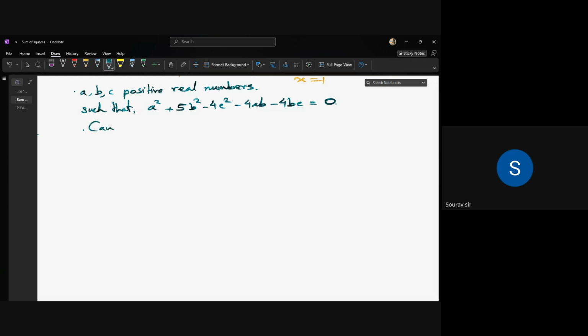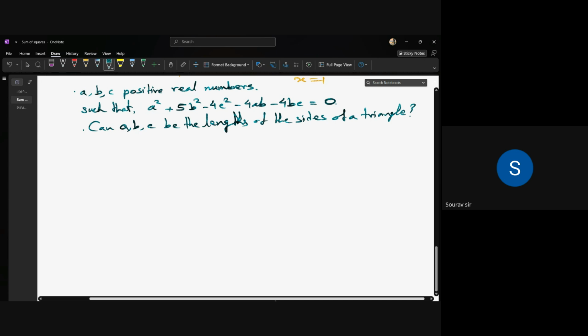Now the question is, can A, B, C be the lengths of the sides of a triangle?